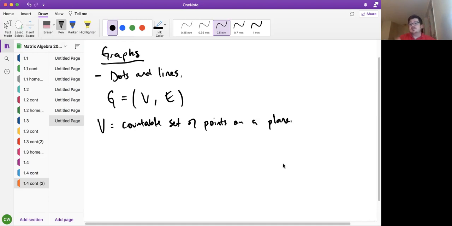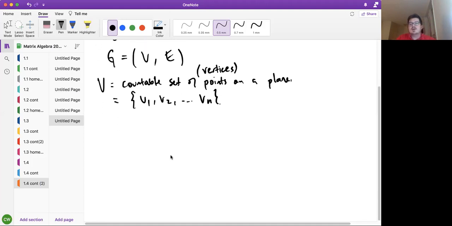So these are just dots on a plane. For example, V1, V2, Vn. You can call them vertices. So we call the vertices maybe V1 through Vn, and there's n vertices, for example.